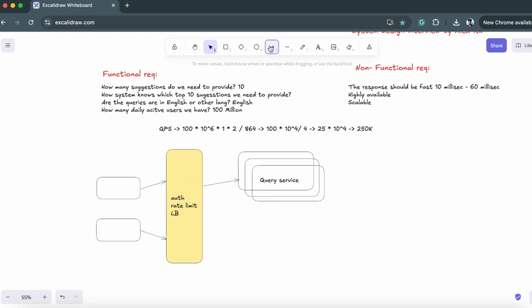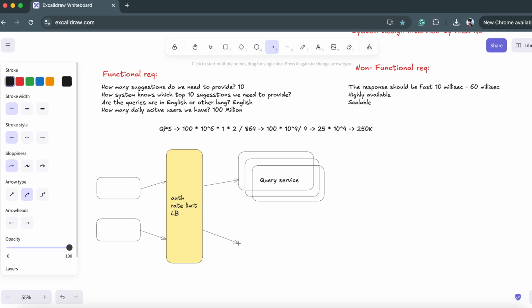And the second service is, since we are actually gathering information as well, at any point in time whenever a user searches any particular words or sentences, that information is something we want to store somewhere, and based on that information we want to build our database.